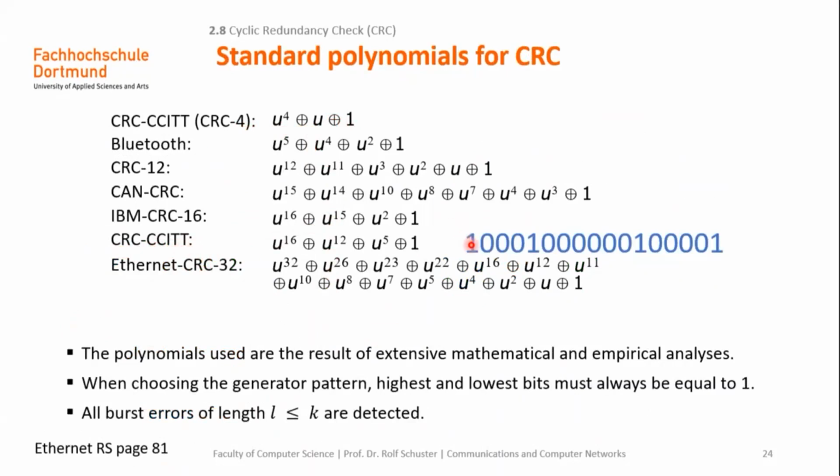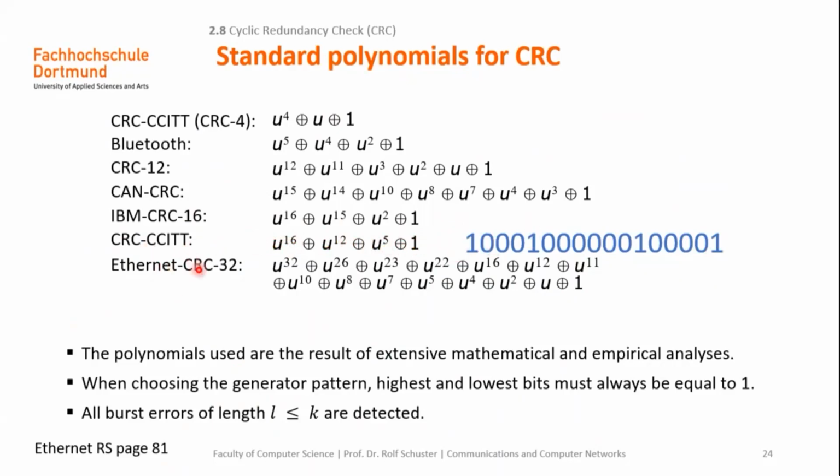This is a pattern of 17 bits, but in fact, with this polynomial generator, we could calculate a CRC of 16 bits.